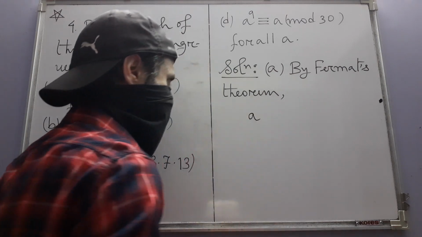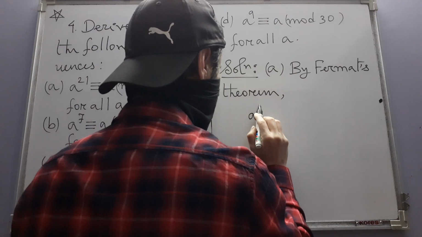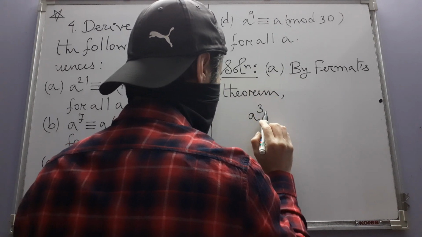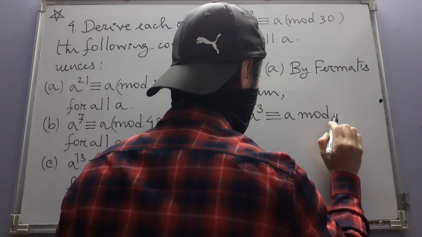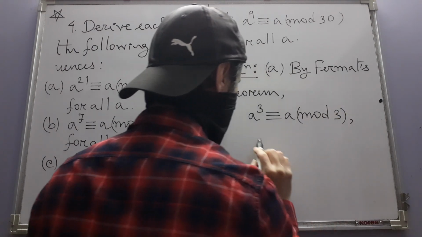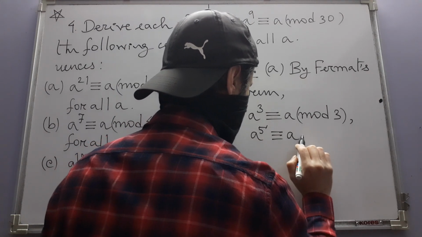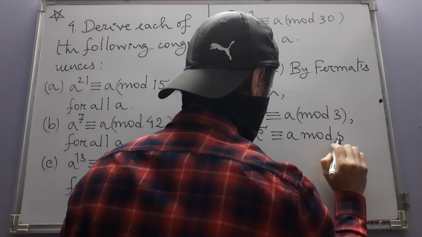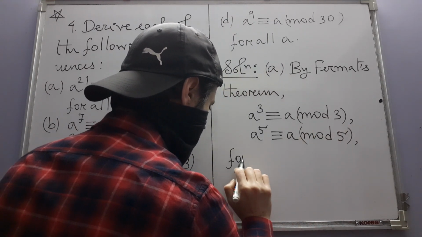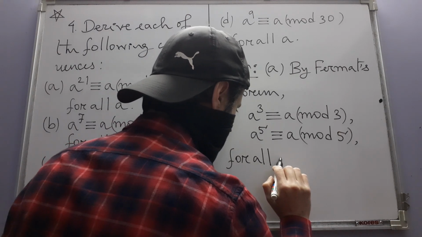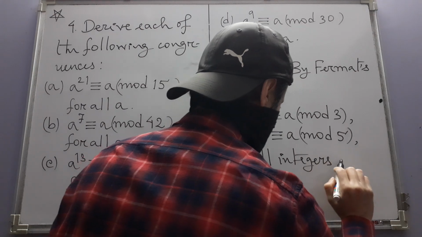So Fermat's theorem gives us these 2 congruences for 3 and 5, for all integers a.